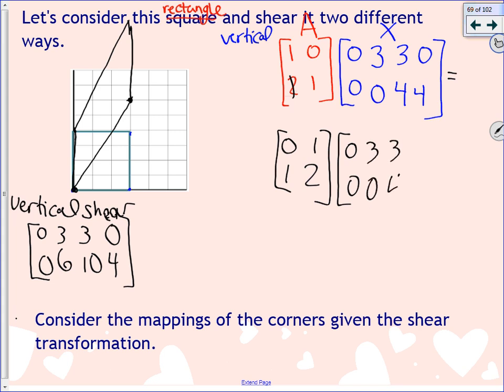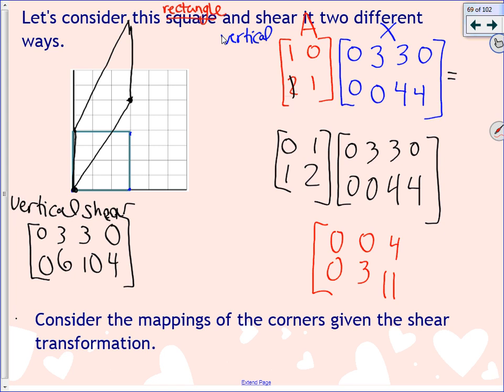We could try this. 0, 8, right? Oh no, never mind. Wait, it'll just be 4. It'll just be a 4 and an 8.